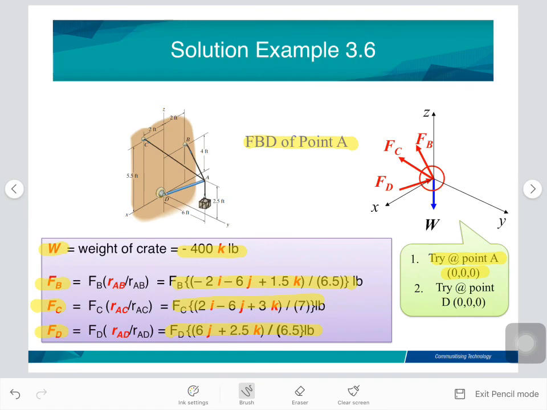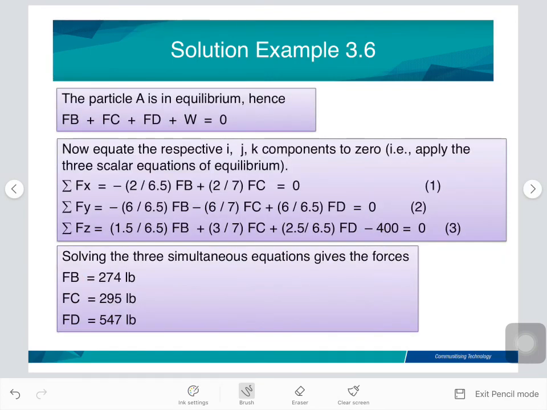Then we can equate, since the particle is in equilibrium, that all forces are equal to 0. Then we equate the respective i, j, k components equal to 0. Then we have for the first equation, summation Fx is equal to this, summation Fy is equal to this, and summation Fz is equal to this.